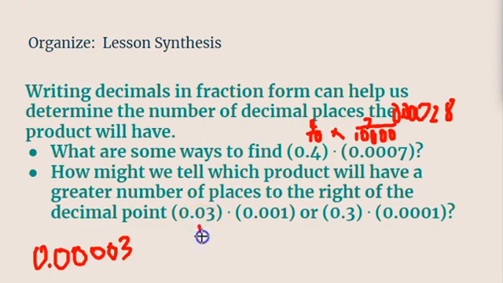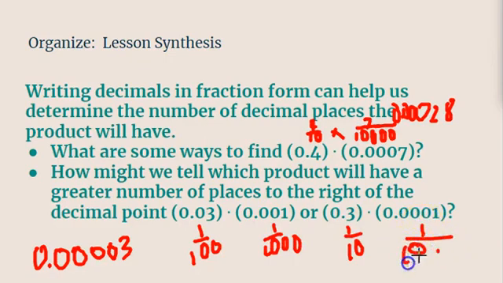Because think about it. Here we're talking about 3 over 100. This is 1 over 1,000. Here we're talking about 3 over 1/10. Here we're talking about 1 over 10,000ths. So any way you look at it, we're still going to end up with the same bunch of digits for a denominator. And that's why the decimal is going to actually have the same in both cases.